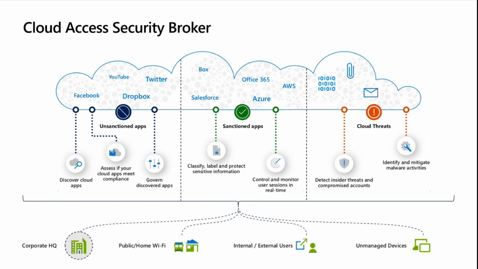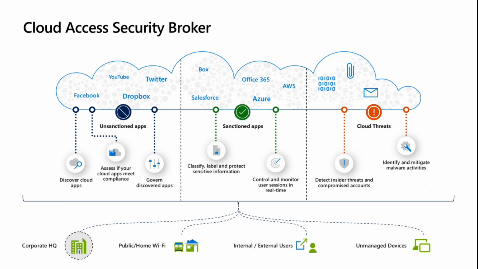Now, the problem is that cloud threats actually go across sanctioned and unsanctioned apps, right? How many times can we have the scenario where on your phone you might have Microsoft Office as a sanctioned app, but you might not have, say, TikTok as a sanctioned app, which possibly is not in your environment.